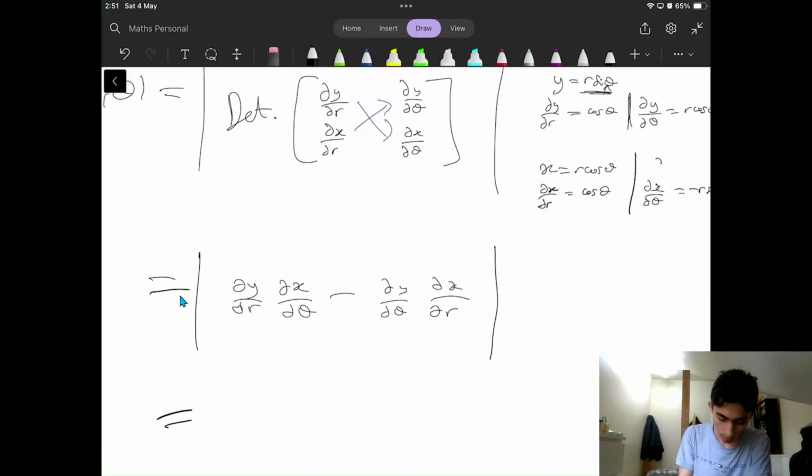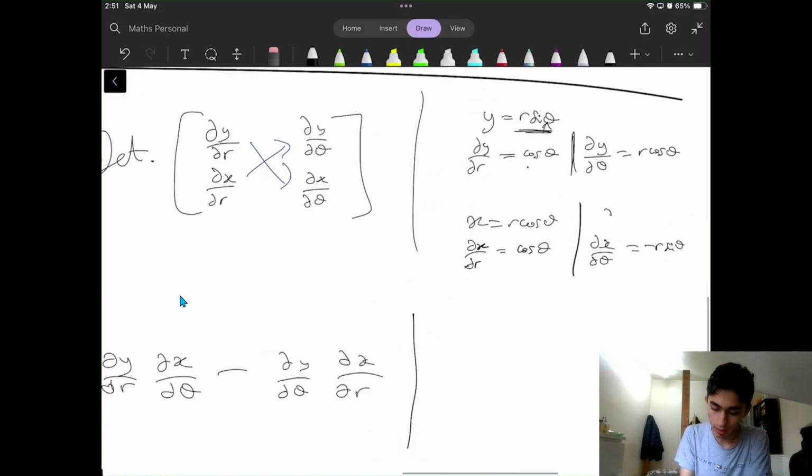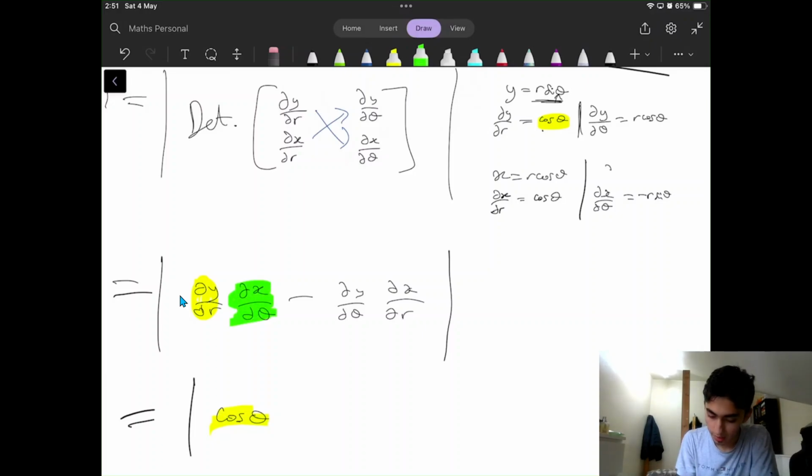Anyway, partial y over partial r, as we said, from here was cosine of theta, so I'm going to highlight that in yellow, cosine theta. Partial x over partial theta, which I'll do in green, is this thing here, which is negative r sine theta, like this, okay?